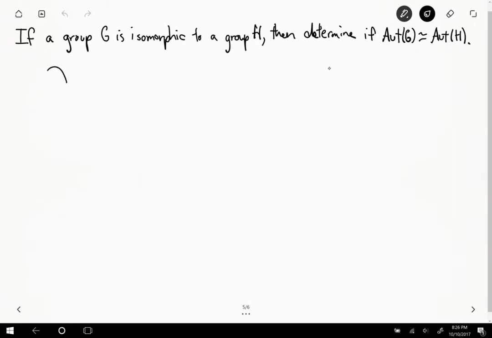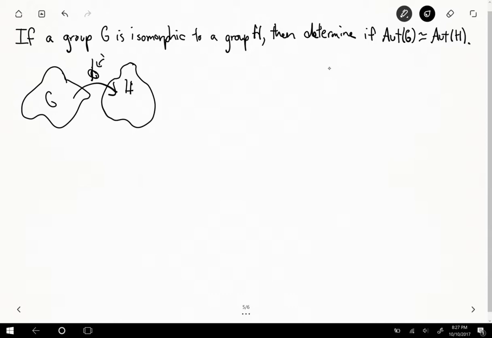So first off, let's say we have this blob, and this is G, and it maps into this other blob, and this is H. Well, if this is phi, and this is our isomorphism, right? That basically is telling us that these two things are the same.